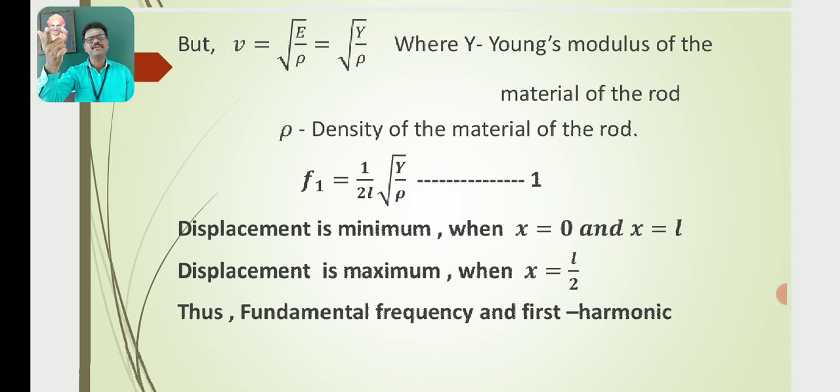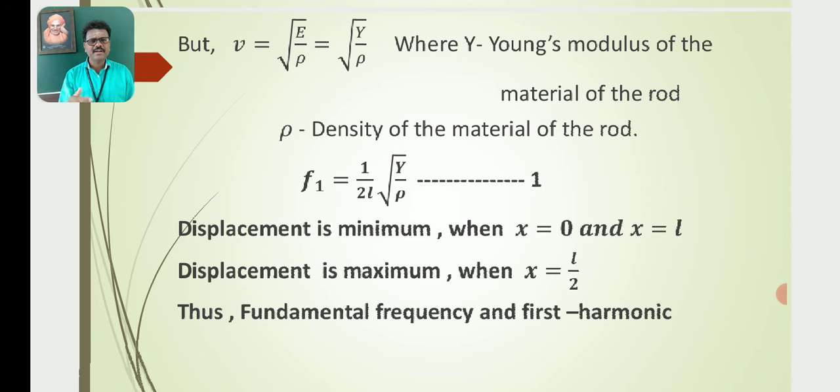In the case of a rod we take Young's modulus, so E is replaced by Y, the Young's modulus of the material of the rod. Replacing V by root of Y by rho, we get F1 is equal to 1 by 2L root of Y by rho. Let this be equation number 1. This is the expression for the fundamental frequency or first harmonic.